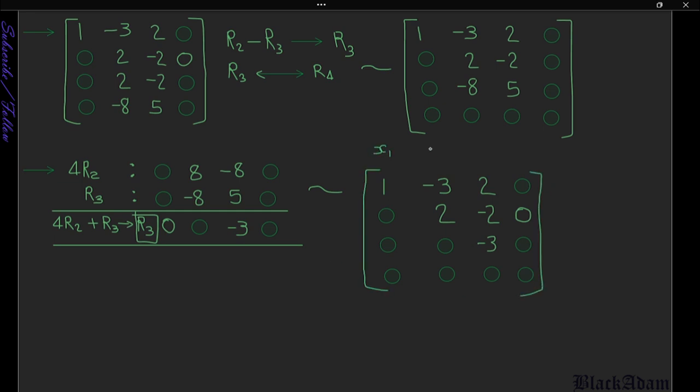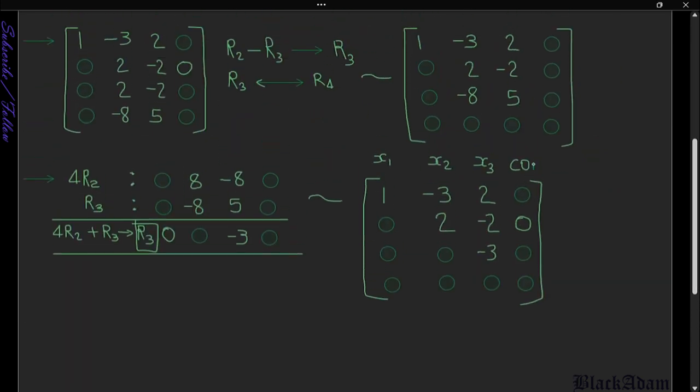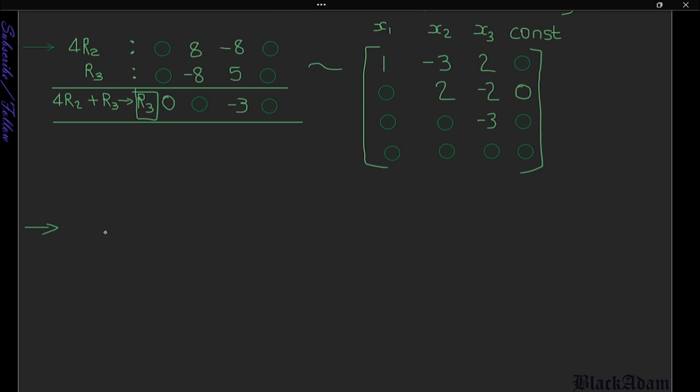We have x1 there, then we have x2, x3, and the constant. So those columns represent the different variables, and the last one is the constant, which is 0. From there, x1 equals 3x2 minus 2x3.